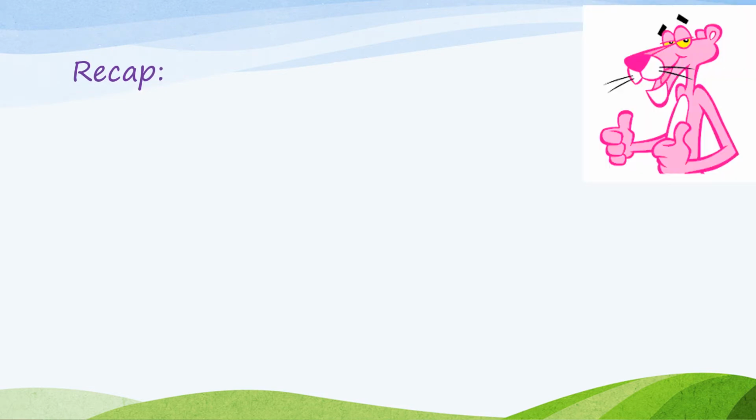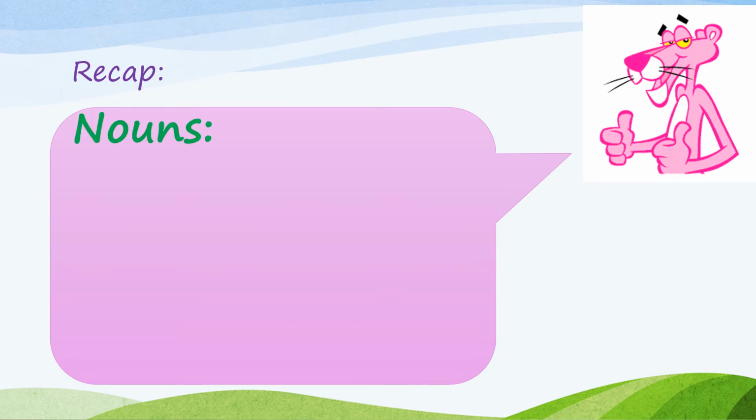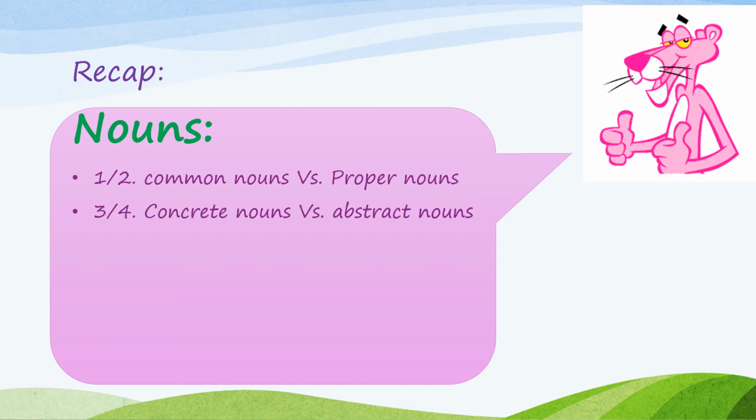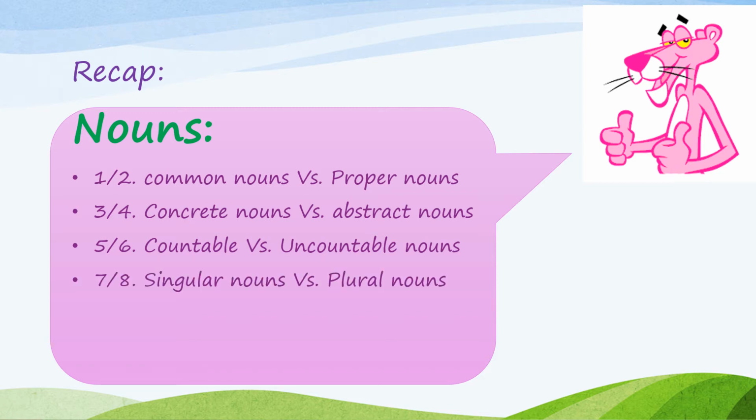Now we can simply recap. Types of nouns: 1 common noun, 2 proper noun, 3 concrete nouns, 4 abstract nouns, 5 countable nouns, 6 uncountable nouns, 7 singular nouns, 8 plural nouns, 9 collective nouns, and 10 compound nouns.